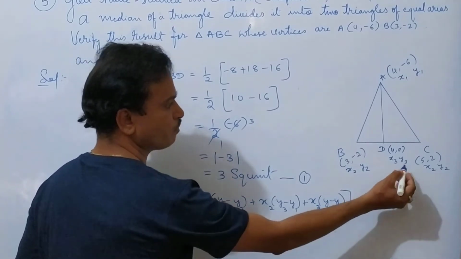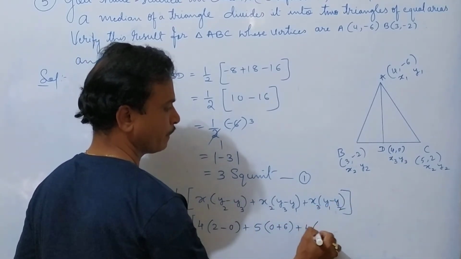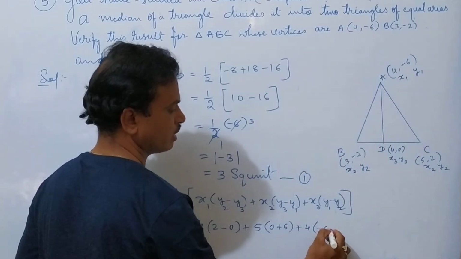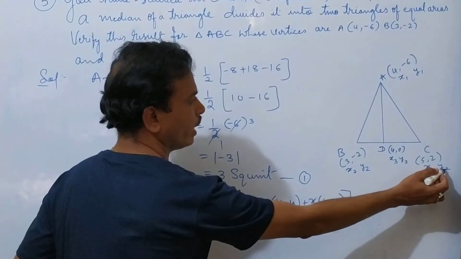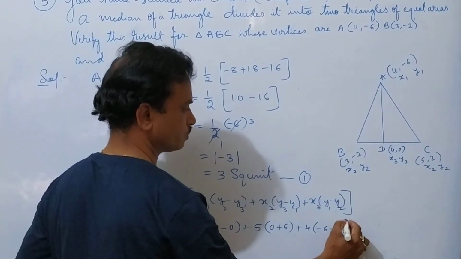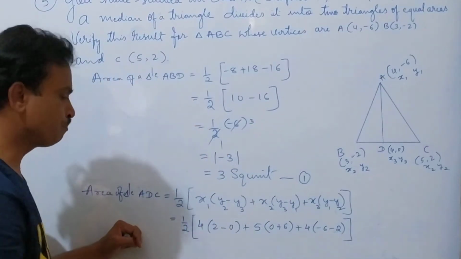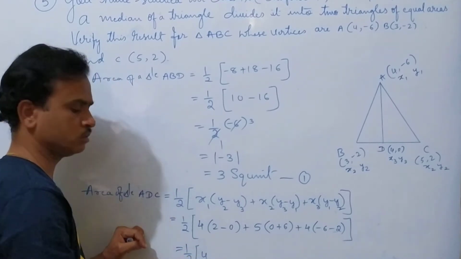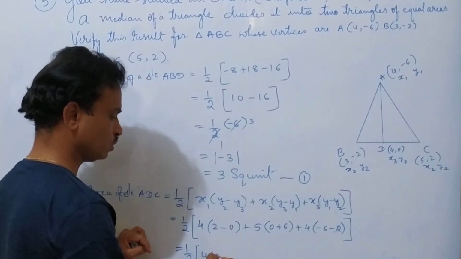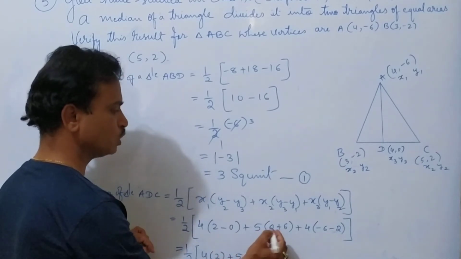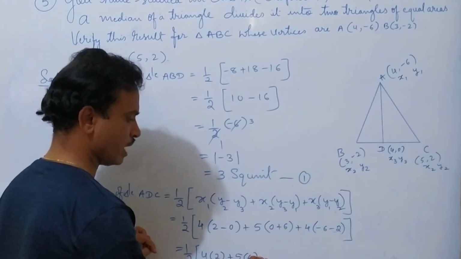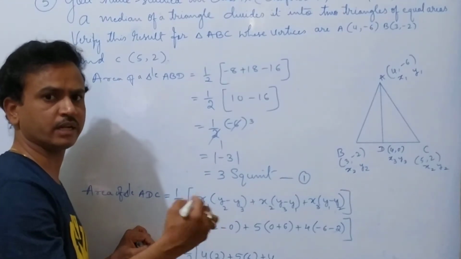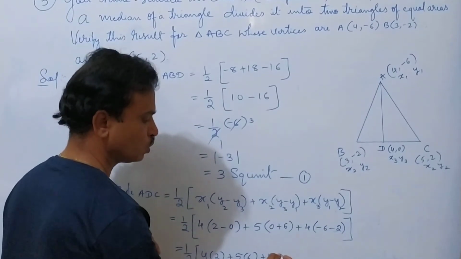So plus x3 is 4, then y1 is minus 6, then minus y2 is 2. Then 1 by 2, you have 4 into (2 minus 0) is 2. Then plus 5 into (0 plus 6) is 6. Then plus 4 into (minus 6 minus 2), both negative, keep minus and add, 6 plus 2, 8.